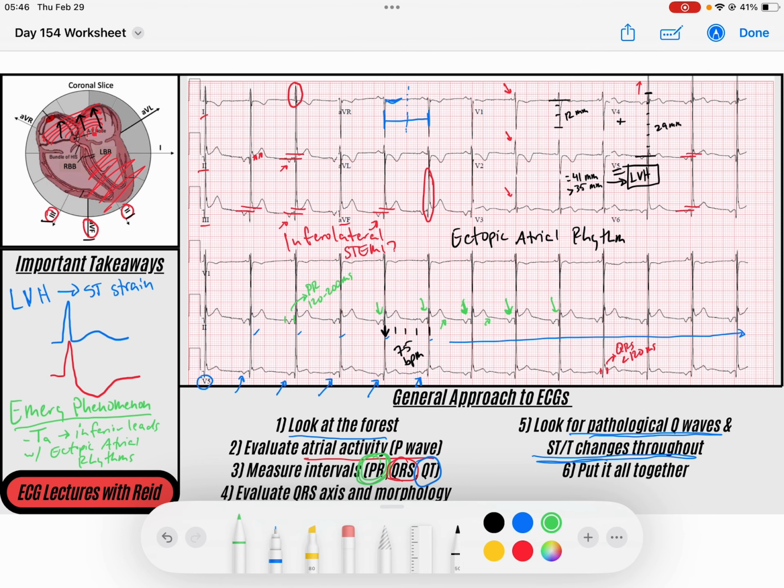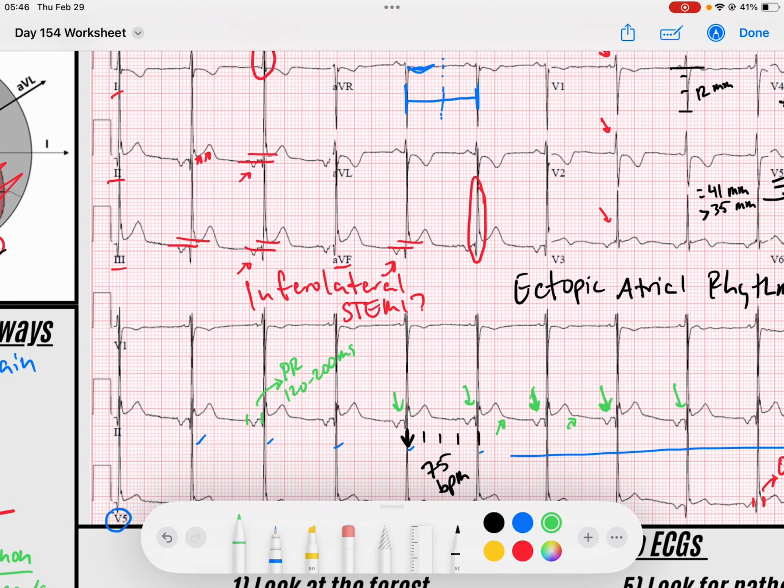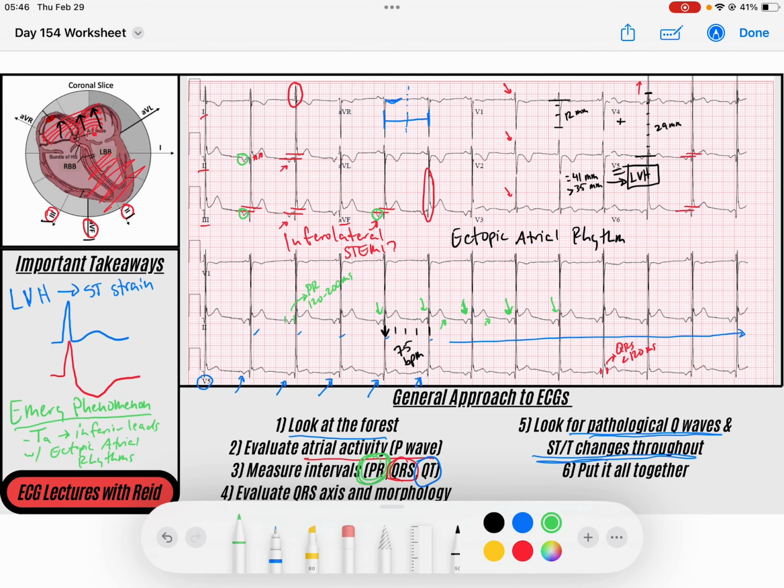And so we think of ectopic atrial rhythms, right? We said that these were negative P waves in the inferior leads, right? So that would make sense, because those P waves are the most prominent in those inferior leads, we would have the most potential to have a prominent atrial T wave, right?